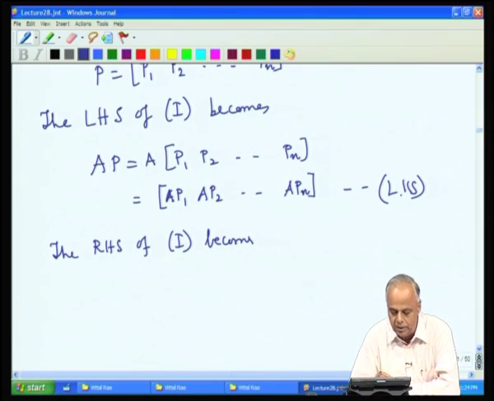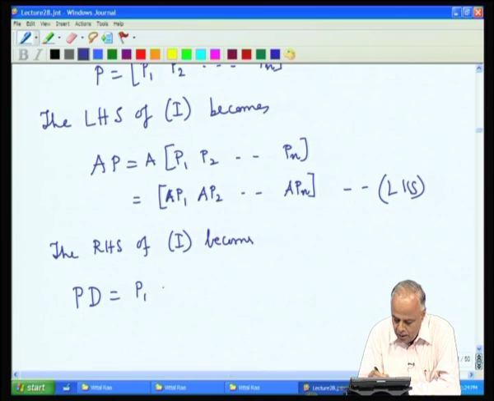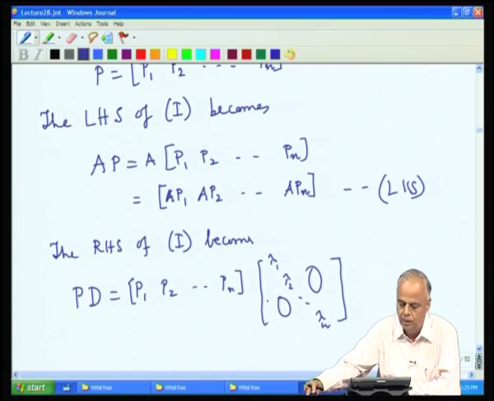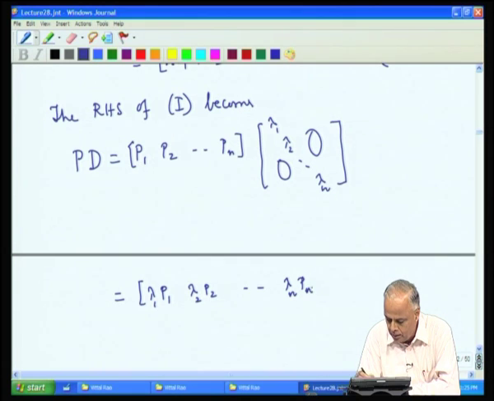Now, let us look at the RHS. The RHS is P D. Now, P is again written in column notation and D, let the diagonal matrix be lambda 1, lambda 2, lambda n, with zeros elsewhere. When I multiply this in block notation, this becomes lambda 1 P 1, lambda 2 P 2 and so on up to lambda n P n.